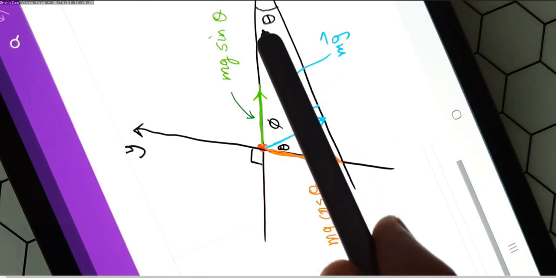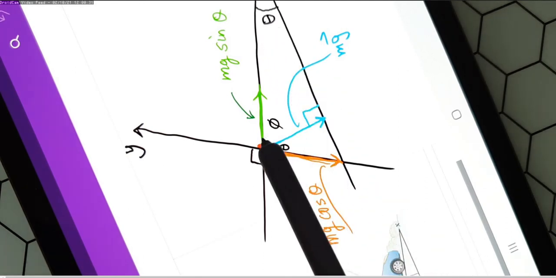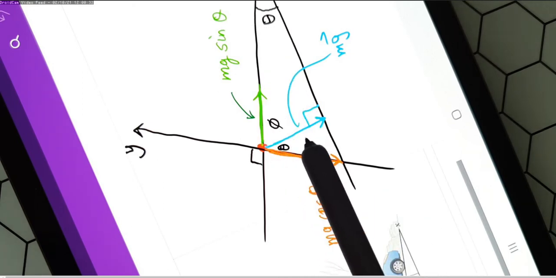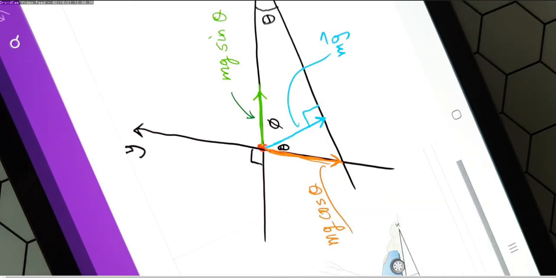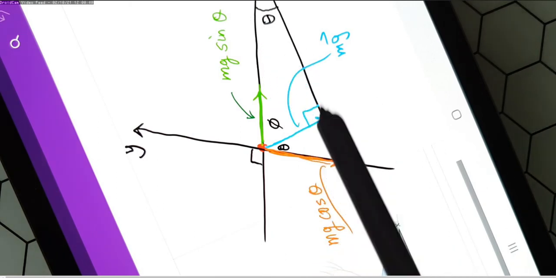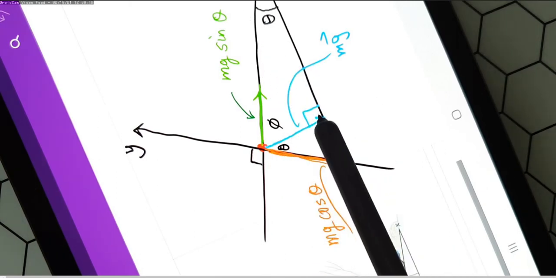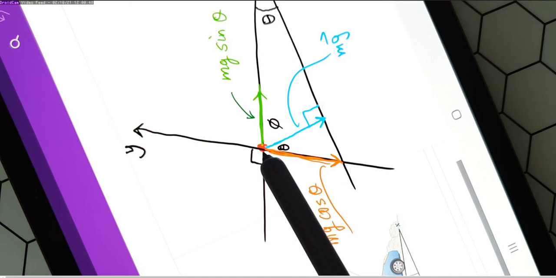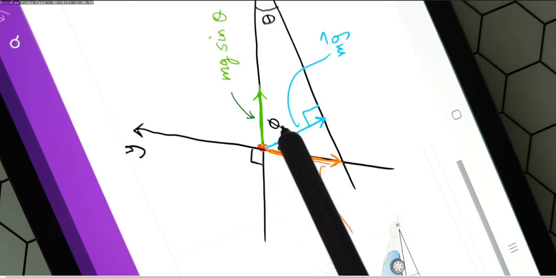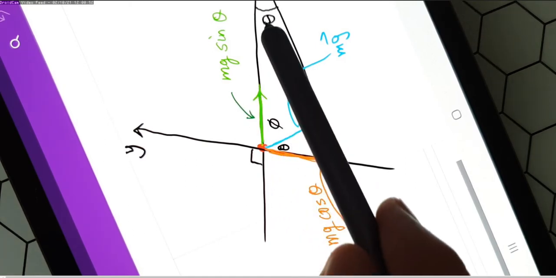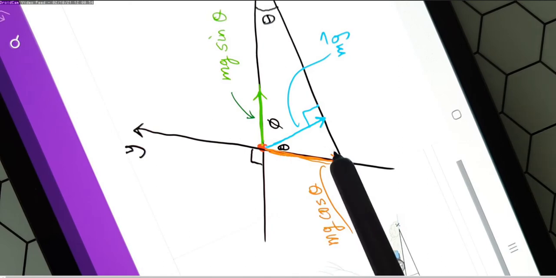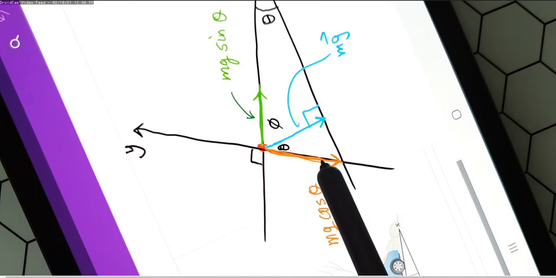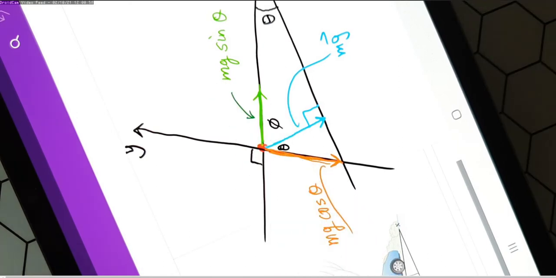Well, summation of the angles of a triangle is 180. So this is theta and this is phi. This is 90 degrees. And again, this is 90 degrees. And this phi and theta is 90 degrees. So that means if this is theta, this will be theta and this will be phi. Big triangle and small triangle.